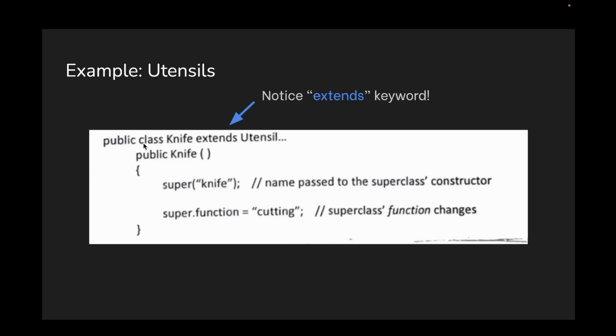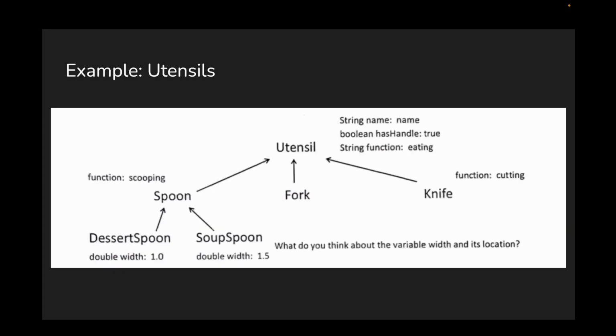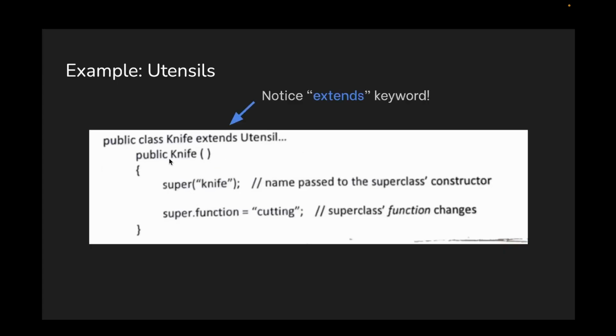In the case of our subclass called knife, because we have a subclass called knife here that directly extends utensil, we define a constructor and we call the super method. In this super method, we give it one parameter, which is a name, and there's a comment here, name passed to the superclass's constructor. What does that mean?